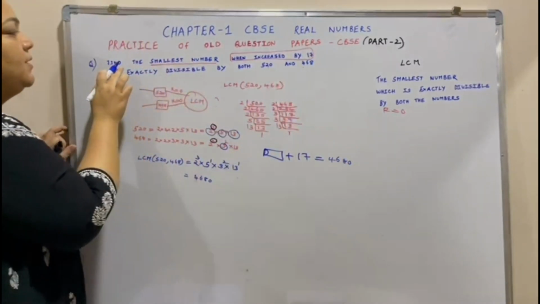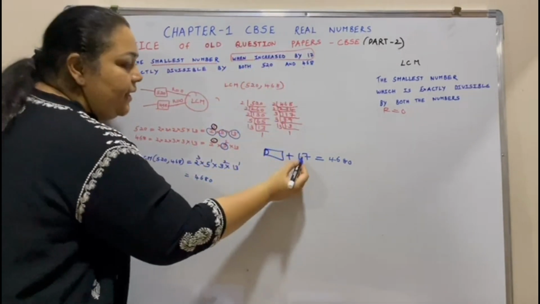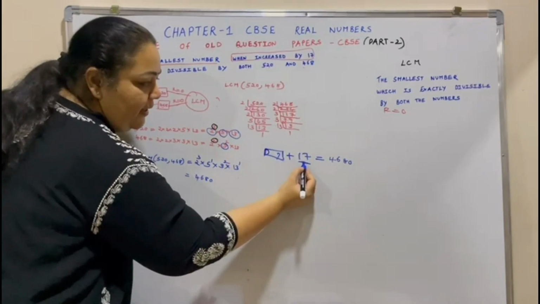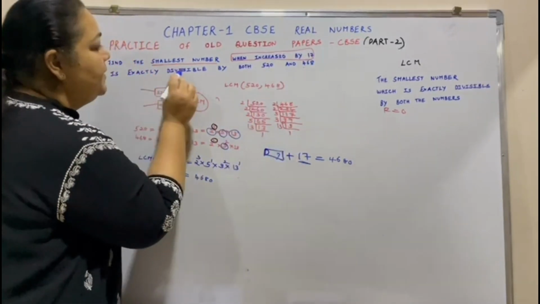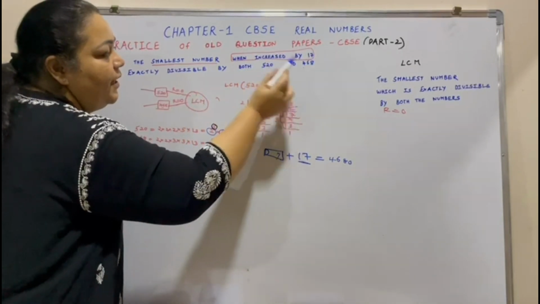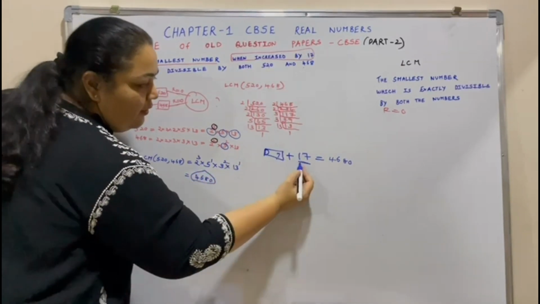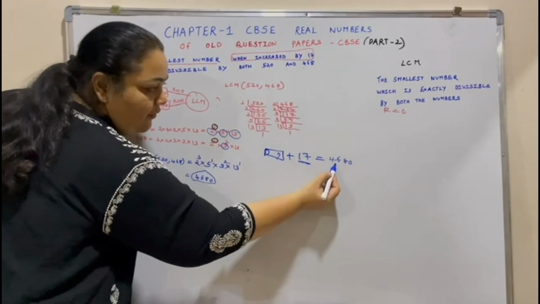Understood? So when we increase it by 17, we will get 4680.